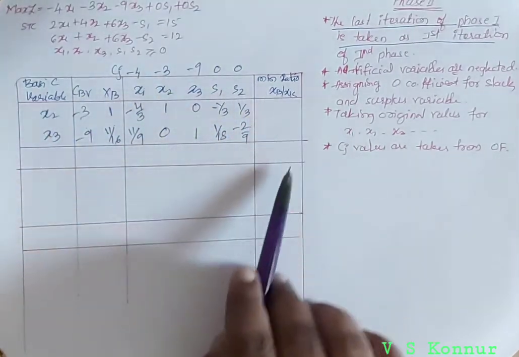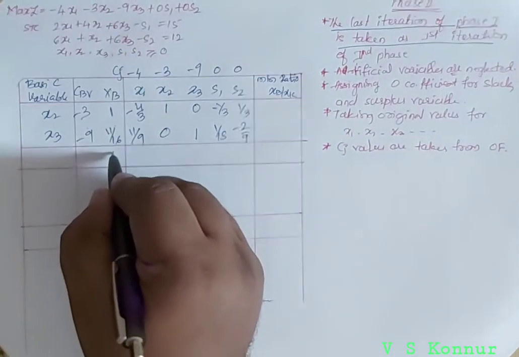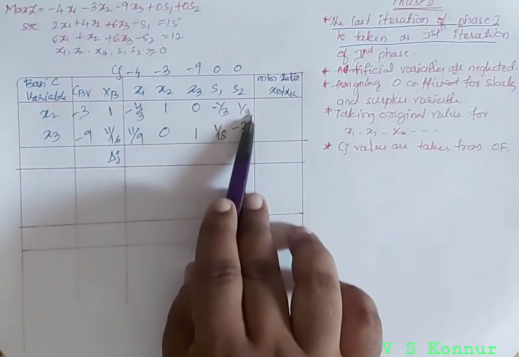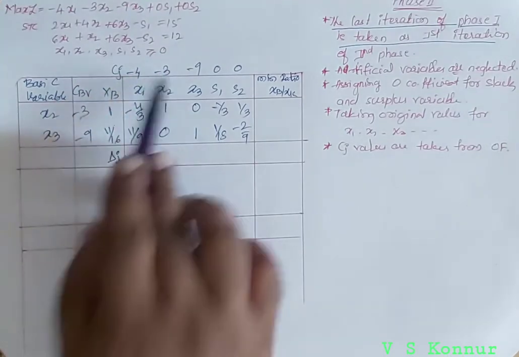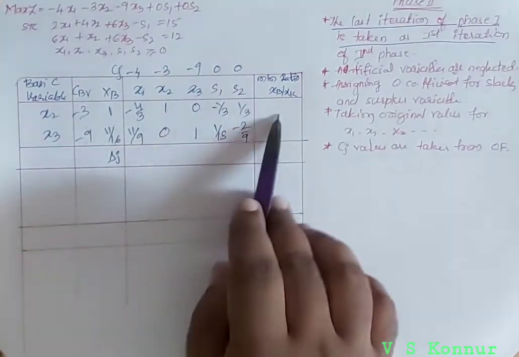Now for this standard table we should solve till delta j are positive. For this, in the second table you have taken the last iteration, except that the coefficient of basic variable you have taken original. For this table we should solve for delta j.